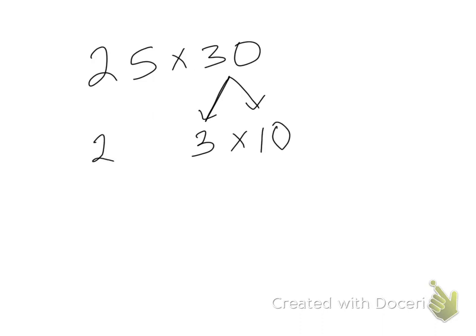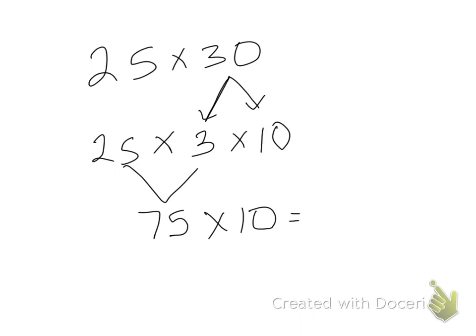So I end up with 25 times 3 times 10. And then 25 times 3 equals 75. And I do 75 times 10, which equals 750. Notice the last step placed a 0 after the 75. When I multiply a number by 10, we add a 0 to the end of the number we were multiplying by.